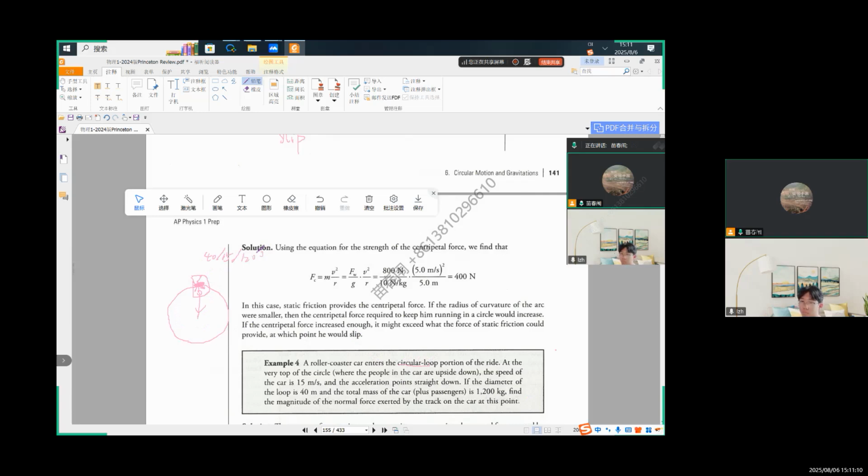The normal force exerted by the track on the car. Can you tell me what other forces there are on this car and person altogether as a system? Gravity, right? What else is in here? The centripetal force? Well, centripetal force is not exactly a force, it's an effect force. What's the actual force? Do you understand what I mean by effect force? The friction, I don't think they talk about it, so there's probably no friction.